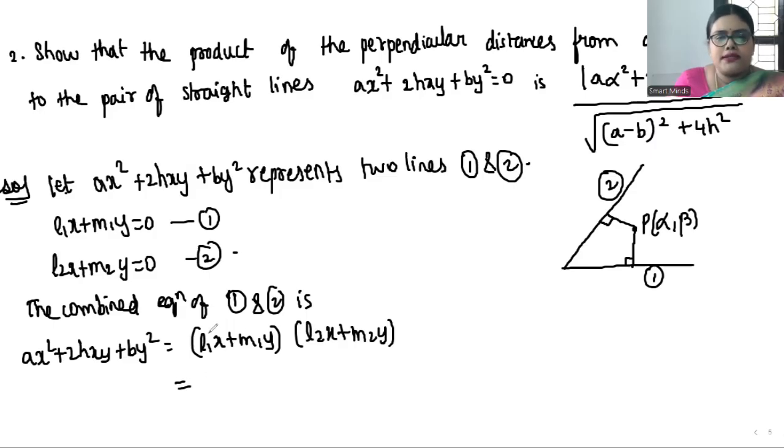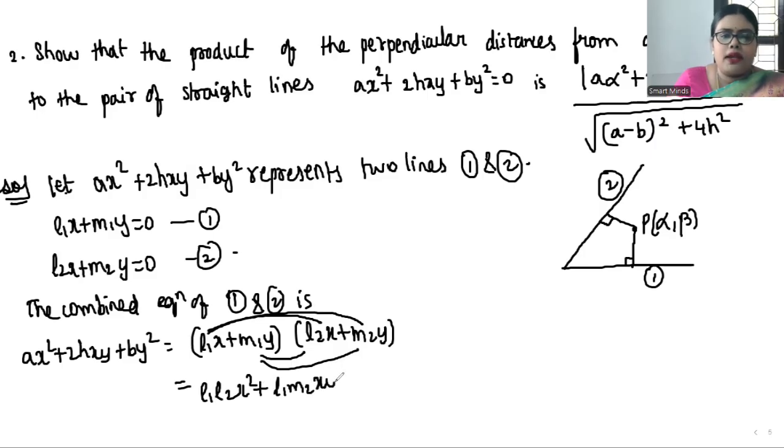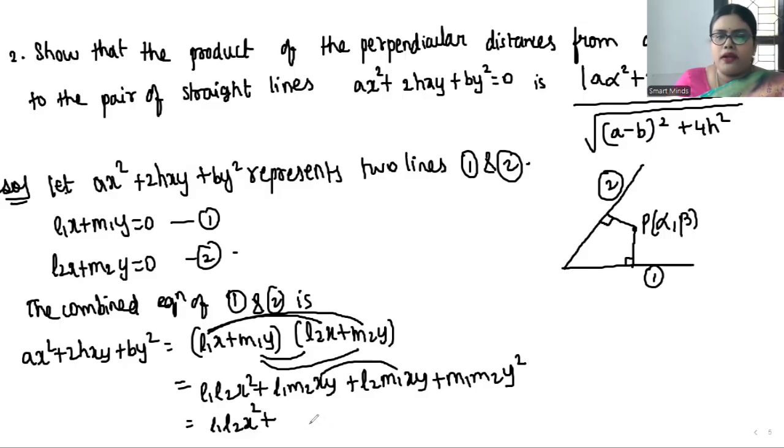Multiply these two brackets the same way, this into this, this into this, this into this, this into this. So L1 L2 x square plus L1 M2 xy plus L2 M1 xy plus M1 M2 y square. Now again we will take xy common. So first term we will write as it is. From these two terms we will take xy common.